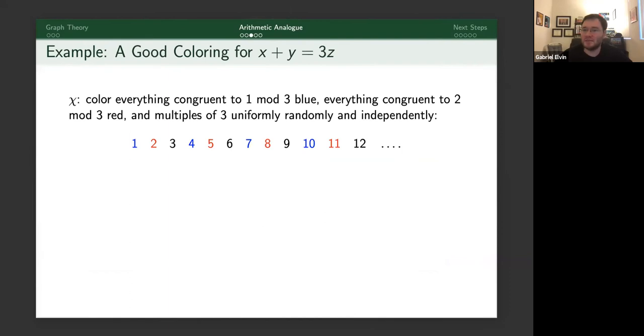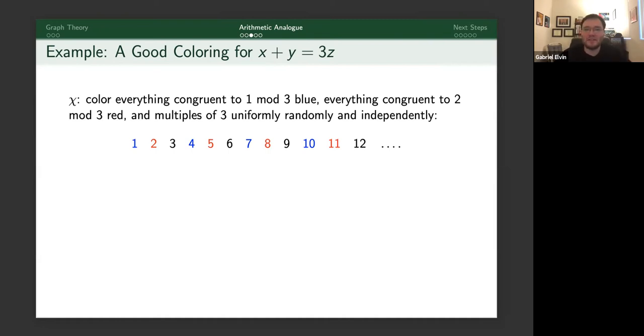And here's a quick example with one equation, and it gives you some insight into how we found these colorings. All we had to do was, for each equation, come up with a coloring that beats random, a coloring that can be a sequence in n. Here's an example of our strategy for most of them. We take the equation x plus y equals 3z.